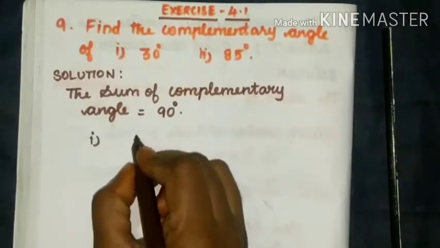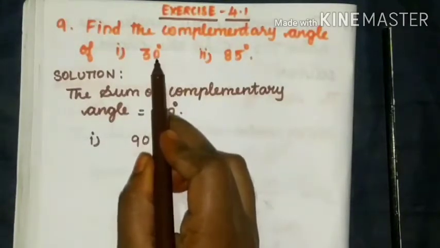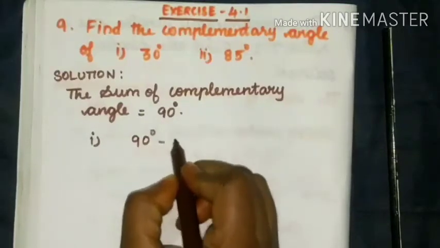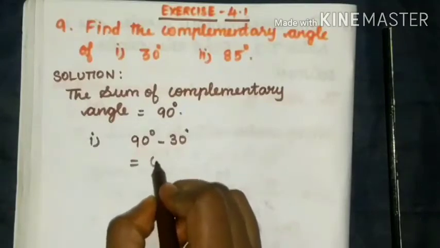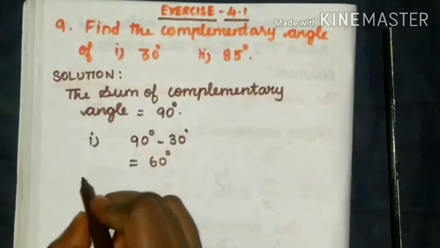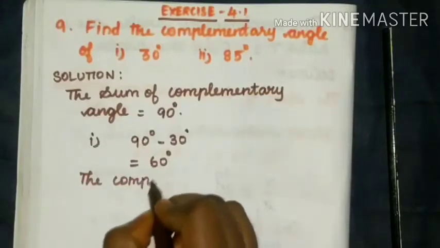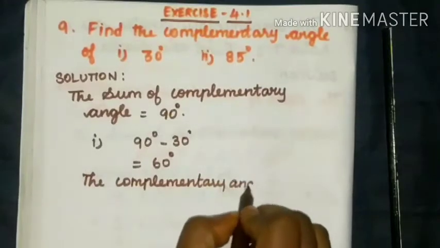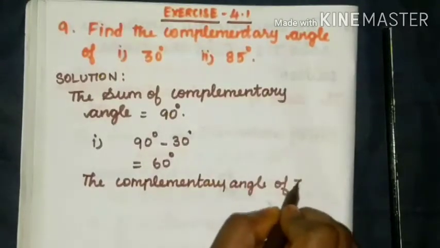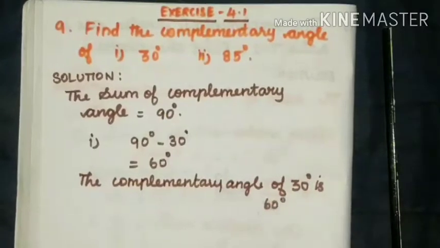So just subtract the angle 30 from 90. 90 degrees minus 30 degrees is equal to 60 degrees. So the complementary angle of 30 degrees is 60 degrees. It's clear, no?